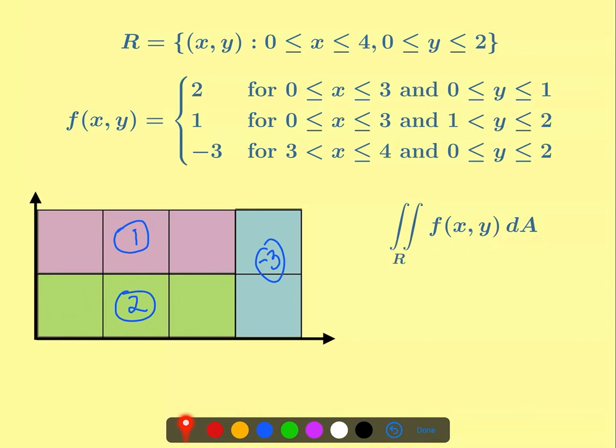So we have 1 by 3 by 2 here, a 1 by 3 by 1 here, and again, we have a 1 by 2 by 3 here, but it's below the xy plane, so we'll have to subtract that.